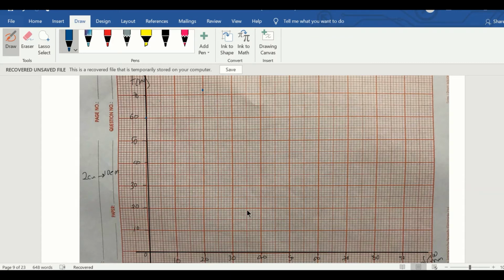When I have 40 millimeters, I have a force of what? 65. So 40, this is 60, 65. I mark my point. When I have 60 millimeters, force was 53. 50, 1, 2, 3. 53.